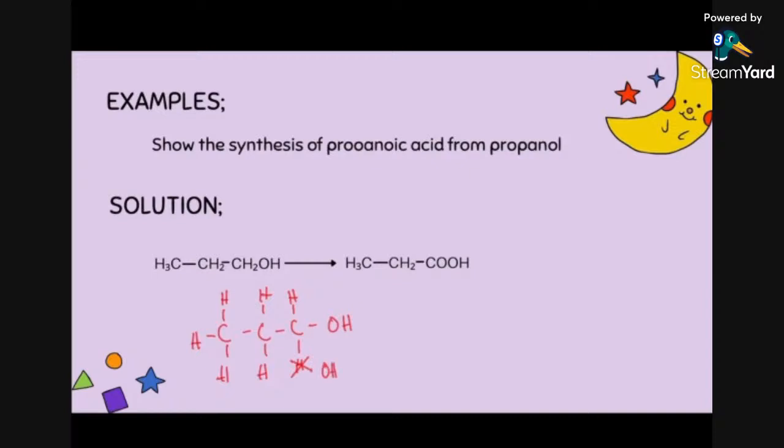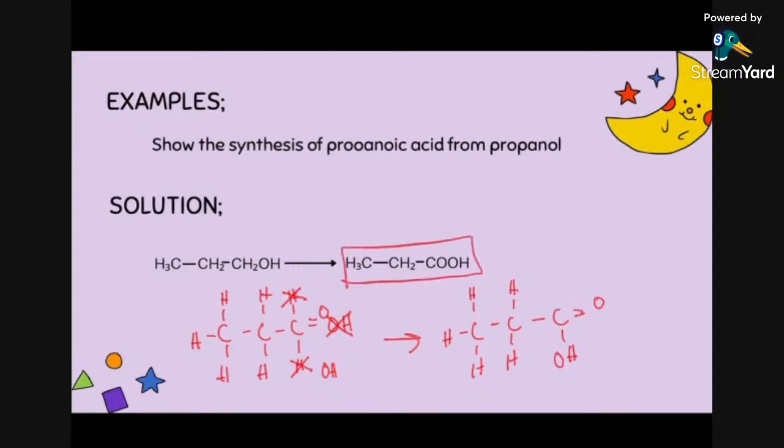OH ni pula kita kena potong dan gantikan dengan double bond O. So nanti dia yang H ni pun kita boleh potong juga. So nanti dia akan jadi C1, 2, 3, dan sini kita akan jadi C double bond O, sini OH. So sebab itulah dia dapat propanoic.